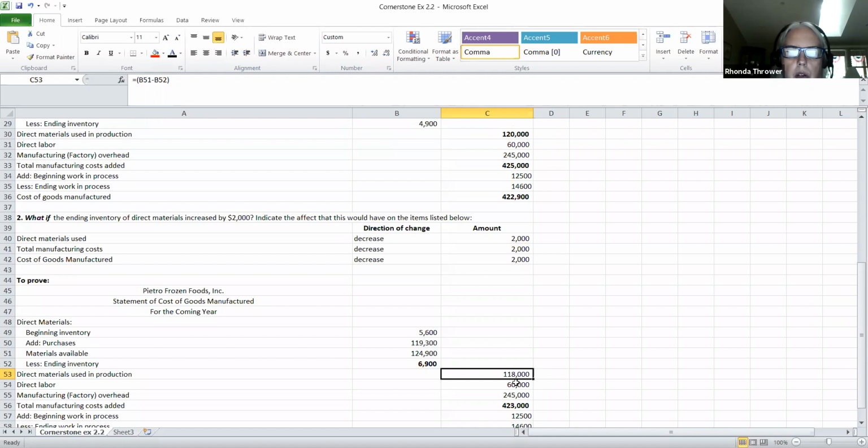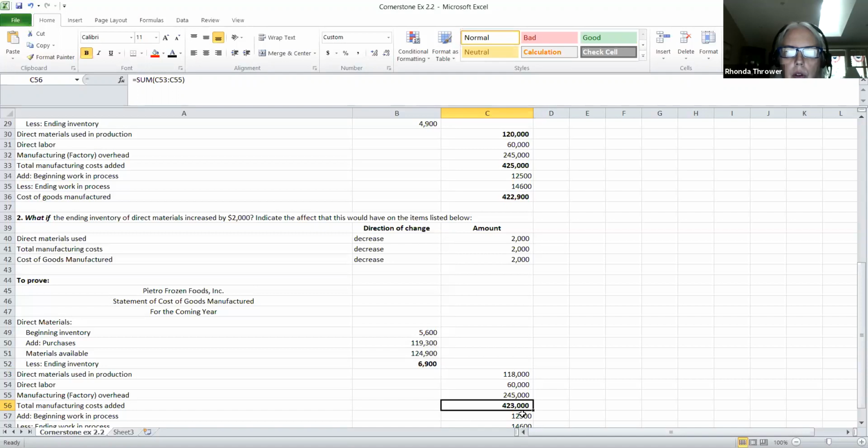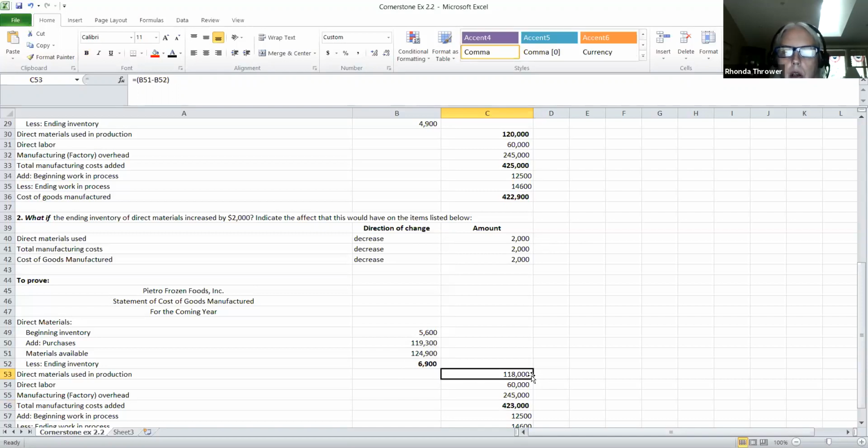If our direct materials used cost goes down, then the total of our manufacturing cost would also go down. Notice that it would go down to $423,000. That was from $425,000. So if we had more ending inventory in our work in process, it decreases our materials cost.